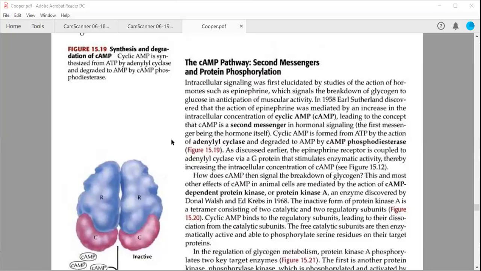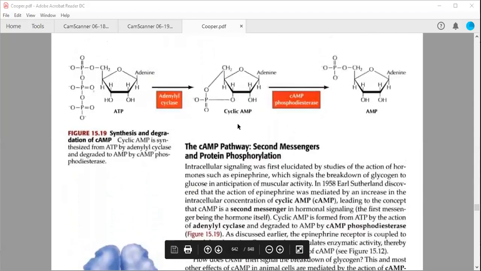Okay, Aarti. So I'm starting from here again. We have discussed that the second switch is cyclic AMP, because we know cyclic AMP is a secondary messenger within our cells.